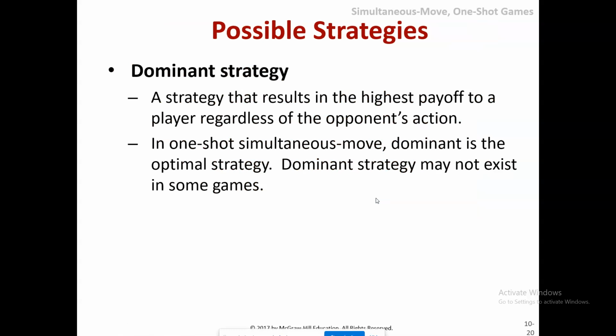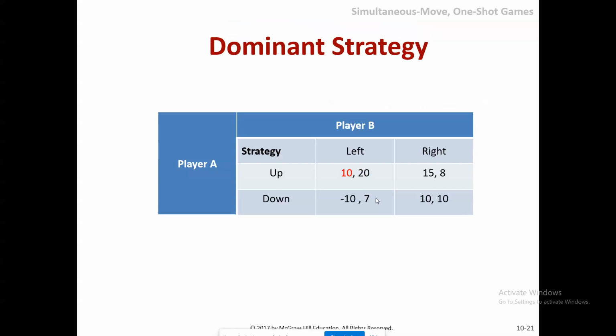When players are rational or care about self-interest, the first instinct will be looking for what's best for himself, regardless of what the other player does. In a one-shot simultaneous move game, dominant is the optimal strategy. However, a dominant strategy may not exist in some games.